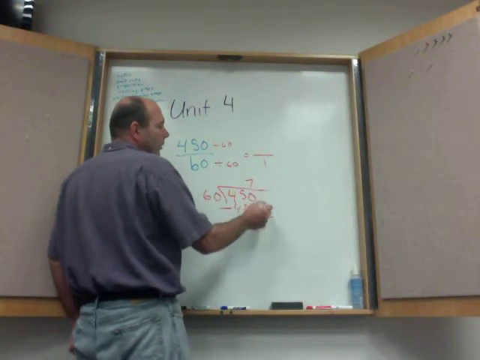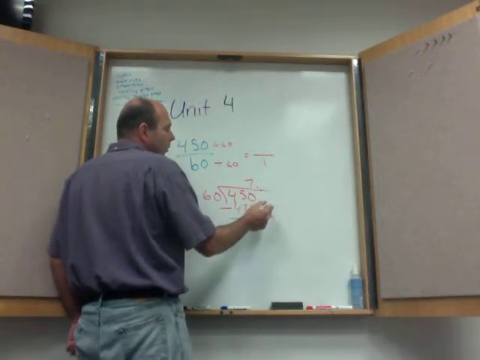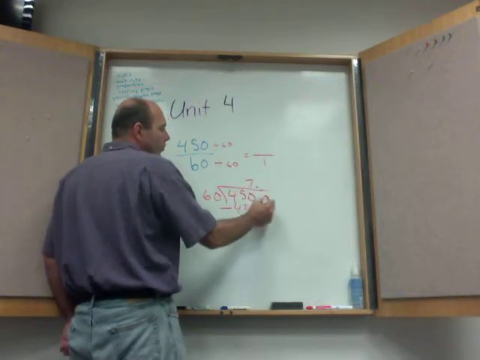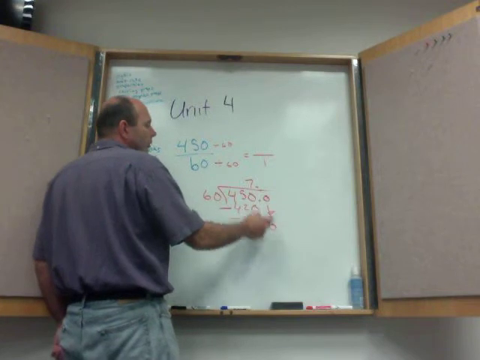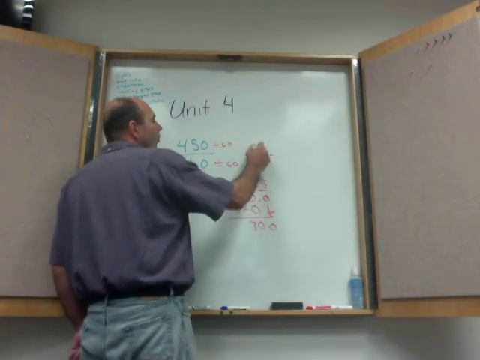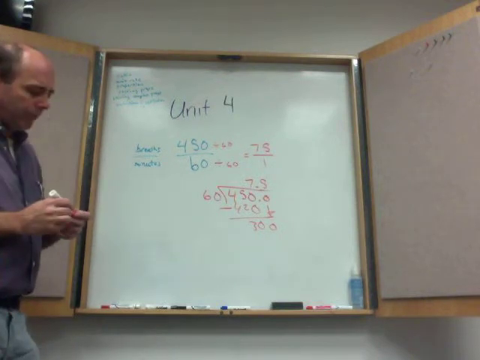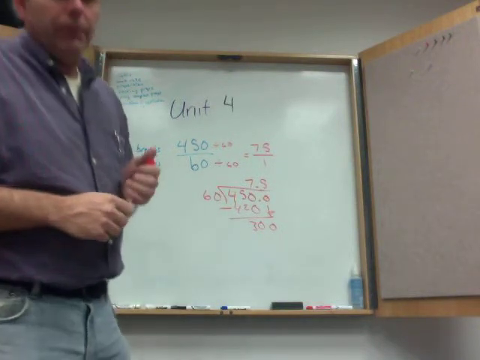Oh, that's not going to be too bad. So put my decimal point there, add a 0, bring that 0 down. 60 goes into 300 5 times. So I have 7.5 breaths per minute. I think that's about an average rate.